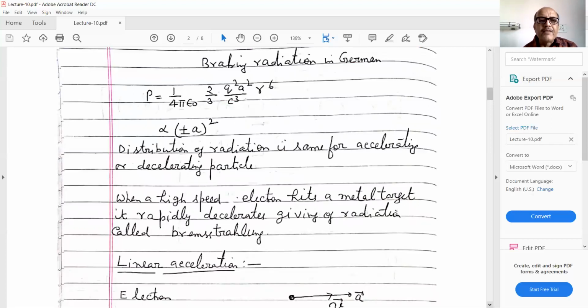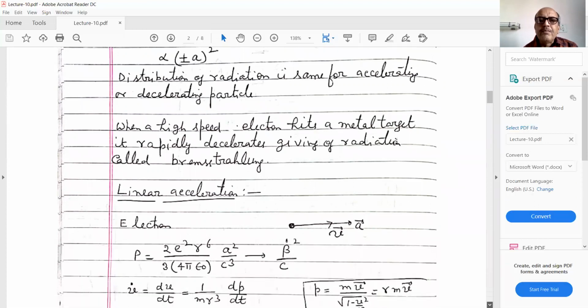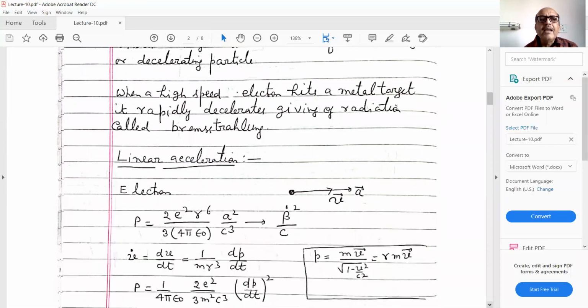We will assume an electron is moving with a velocity v and acceleration a, and the velocity and acceleration are in the same direction. We derived the formula for the power radiated in the last lecture. It is 1 upon 4 pi epsilon 0, 2 q square a square upon 3 c cube into gamma to the power of 6.